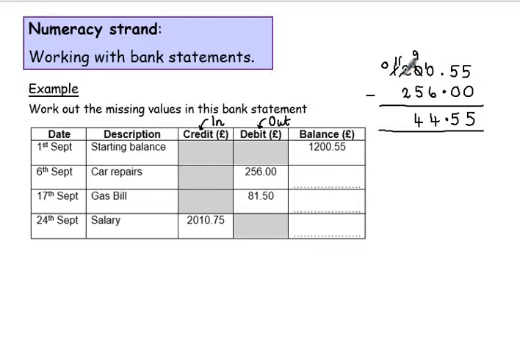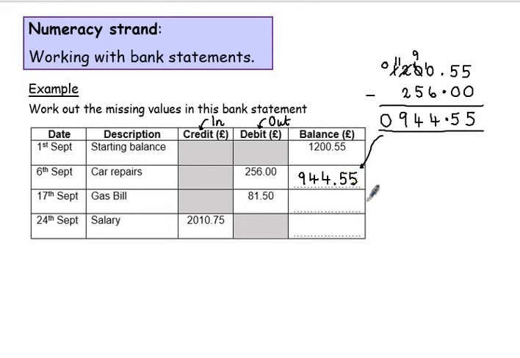So we have 11 take away 2 is 9, and 0 take away nothing is 0. So £944 and 55 pence, and that can go in this gap here. £944 and 55 pence after the car repairs.